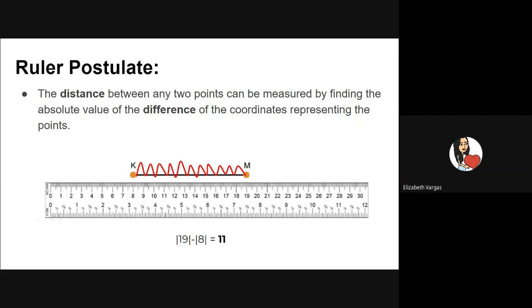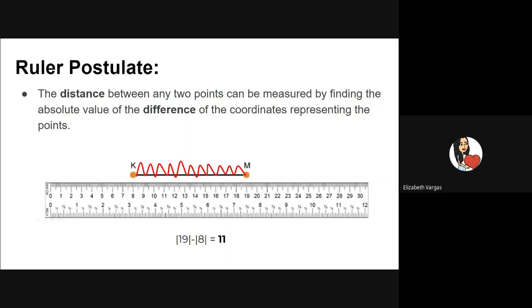Basically, we can measure the distance between 2 points by counting what the distance is. However, we're always going to take the absolute value, which means we can't have a negative distance. We always have to have a positive distance.